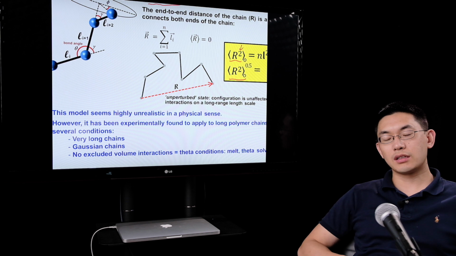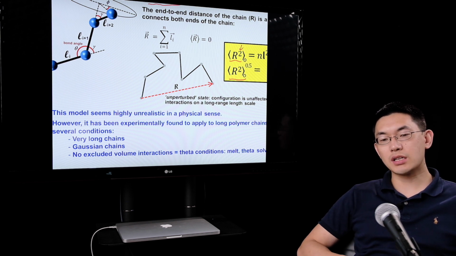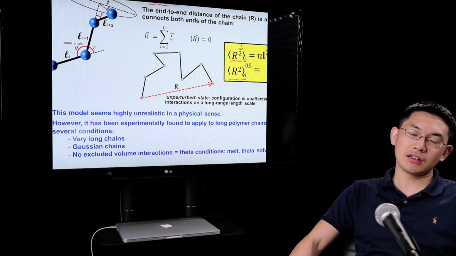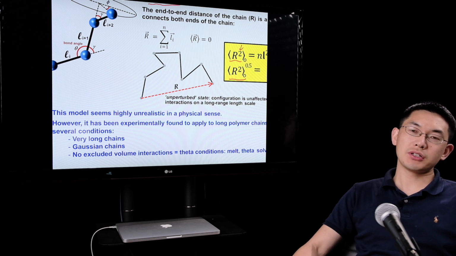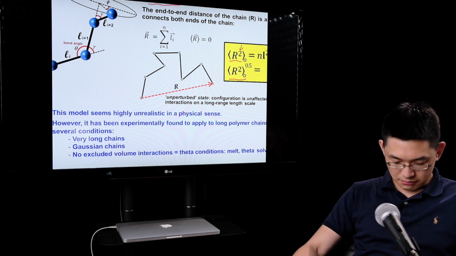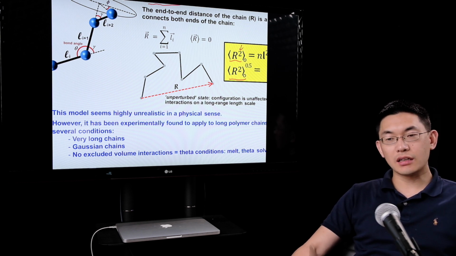What this theta solvent condition basically means is that when your polymer chain is in a not so good solvent, but it's not a bad solvent either, it's somewhere in between, you would be able to achieve that your polymer-solvent interaction would cancel out the repulsive force from the polymer chain itself due to the excluded volume effect. But we will cover that in more detail in later chapters.